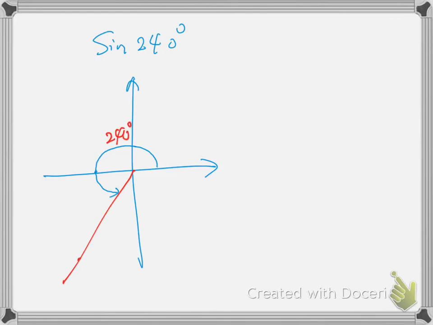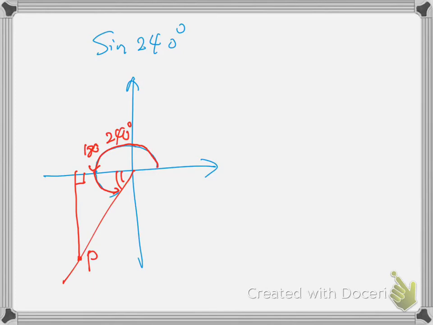Then we pick any point P on the terminal side to make a right triangle by drawing a vertical line passing through P. Now how big is this angle? That's very important. The rotation is first 90 and then 180, and then we get the actual rotation beyond 180.